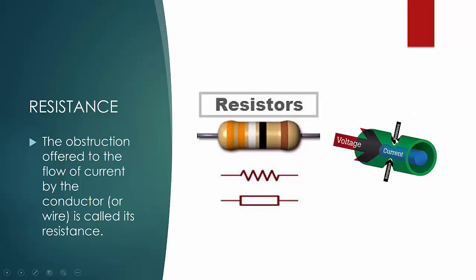Obstruction offered to the flow of current is resistance. And how can we offer resistance to the flow of current? By putting a resistor. This one shows a resistor which we can put to obstruct the flow of current. The resistance symbol in a circuit can be represented in this symbol or in this symbol.